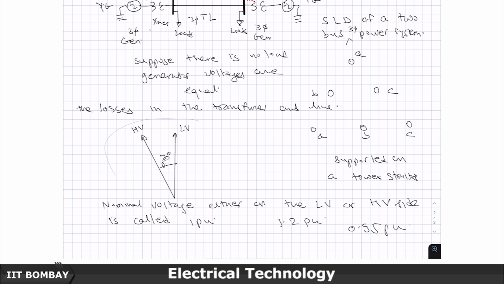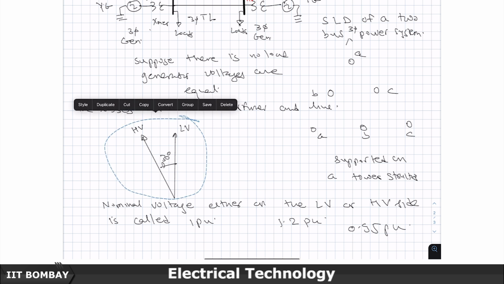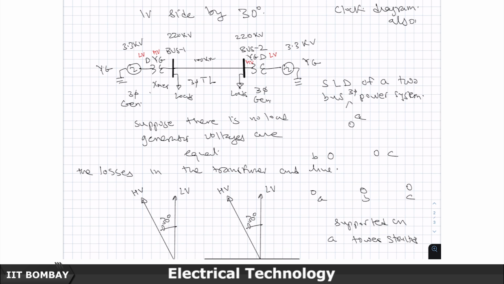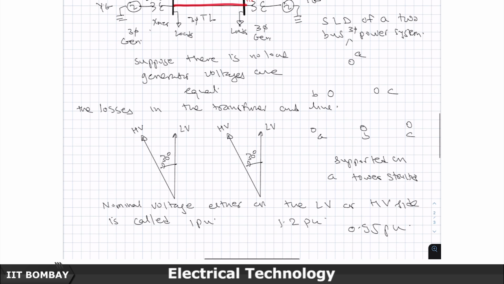Now, because you fix this convention, this is your primary side, and in per unit this is exactly what your secondary side will be. And now you can see that there is a transmission line connecting this HV to this HV. Here is your generator, here is your generator, it went through a transformer, and this became the HV voltage, this became the HV voltage.